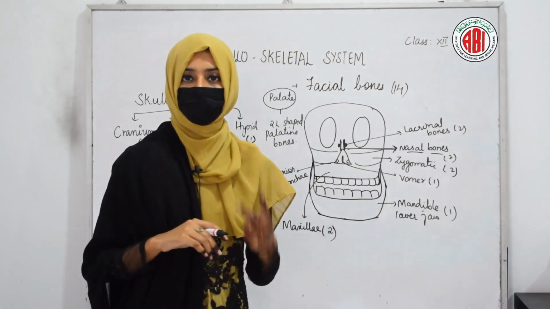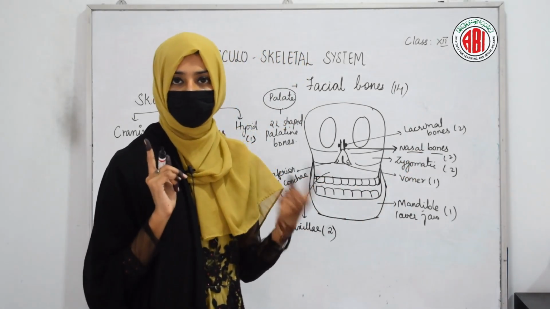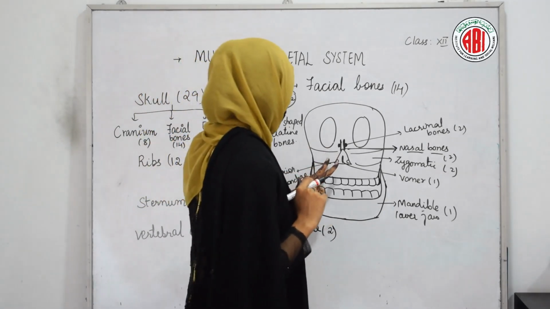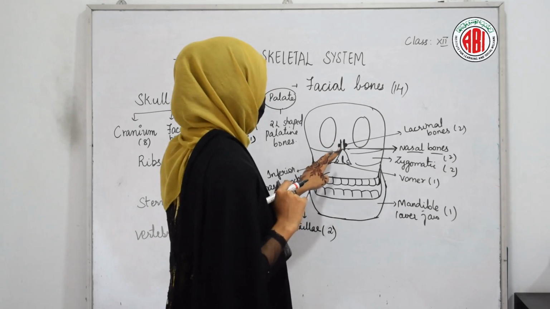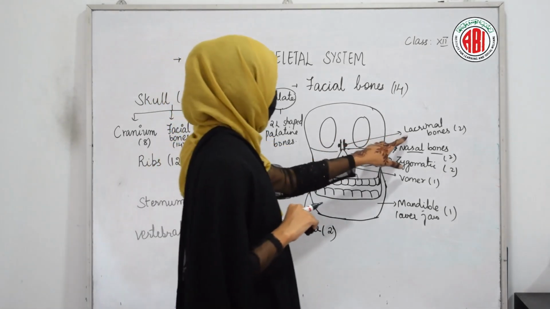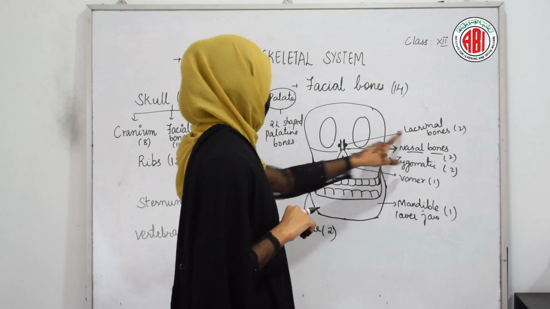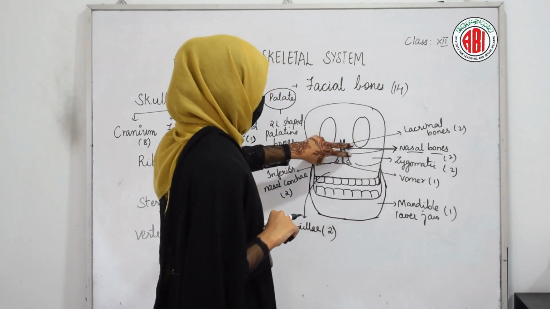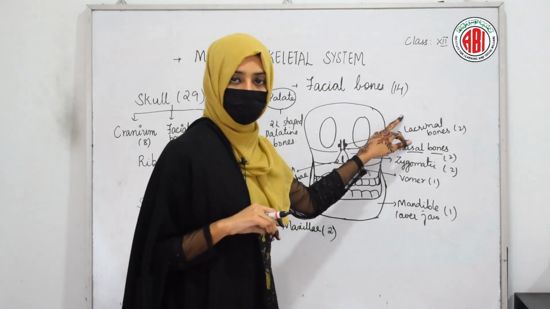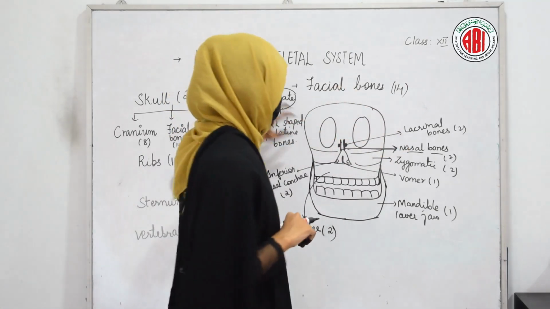Nasal bones are 2 in number. One is on the left side and the other one is on the right side. Beside these 2 nasal bones, small bones are also found, and those bones are called lacrimal bones. Besides the nasal bones, 2 lacrimal bones are present, which are smaller in size.